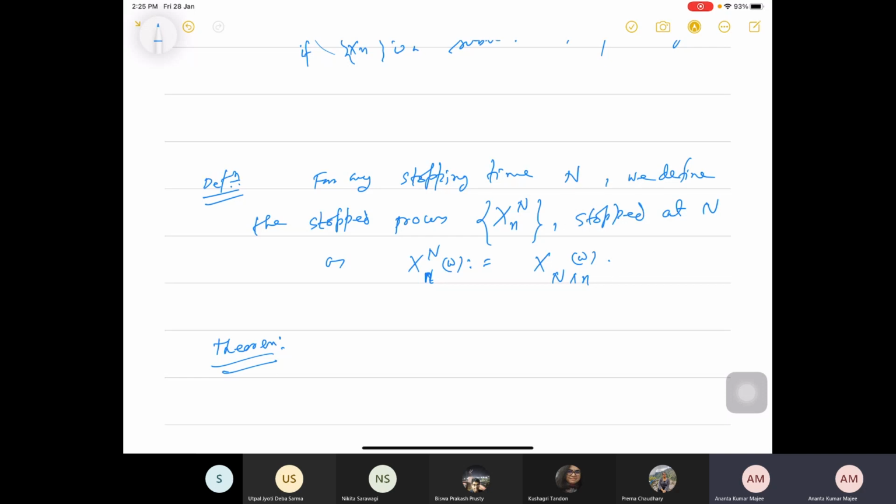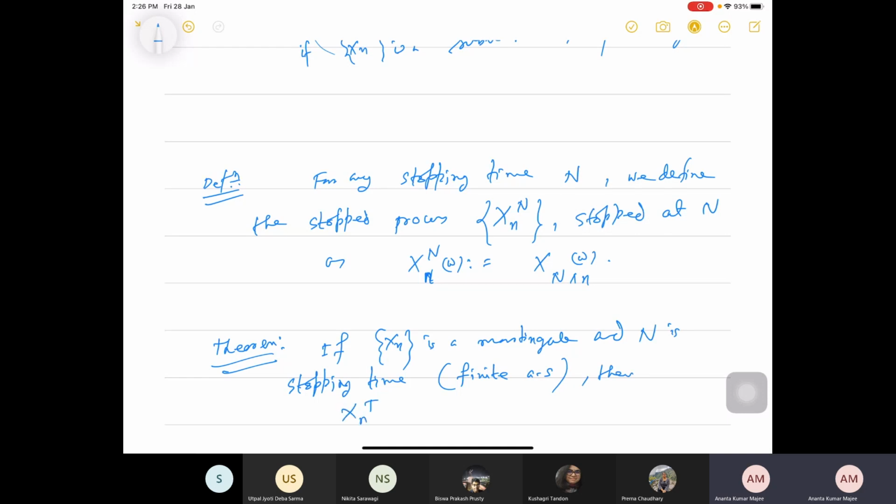So hence, if X_n is a martingale and N is a stopping time, which I can think of as finite almost surely, then my stopped process X^N is a martingale.